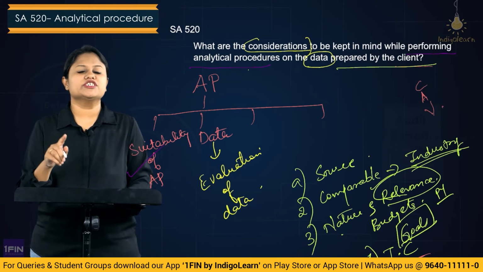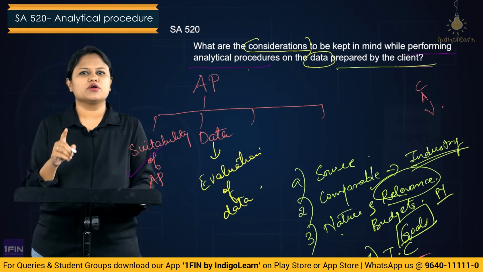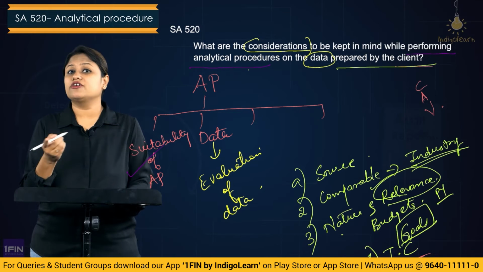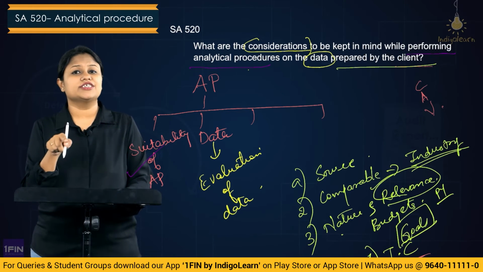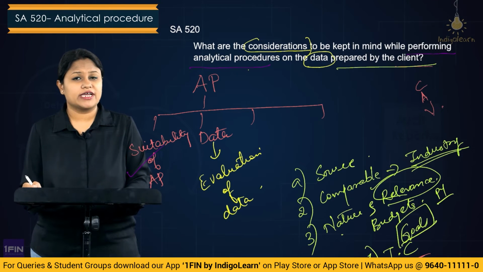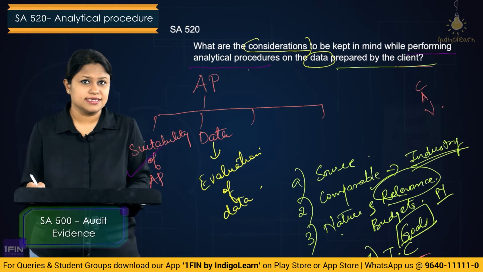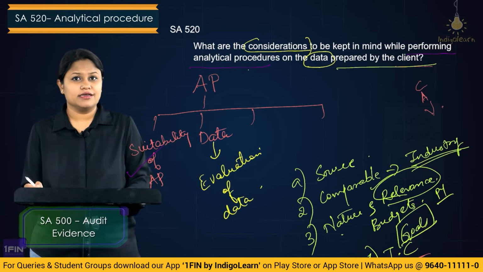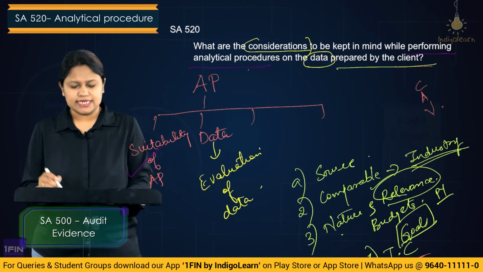All of this, if you have ensured properly, only then you believe the controls over the data are good. And if the controls are good, then the internally generated data will be considered to be reliable. If you remember SA 500 where we spoke about audit evidence, there also we spoke, we could believe the internally generated data if the internal controls are strong. Same thing here.